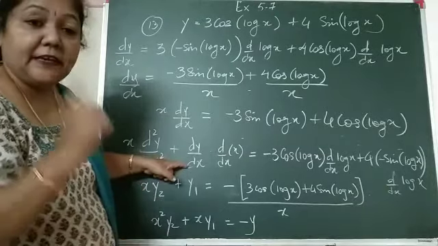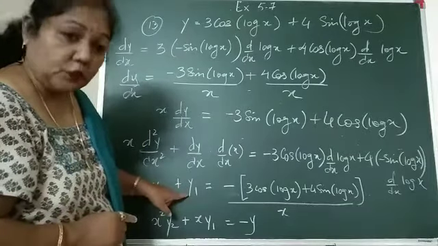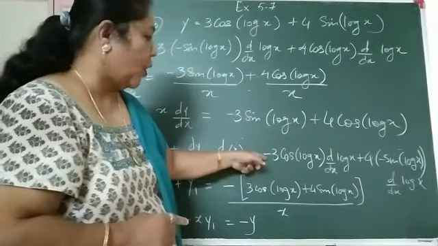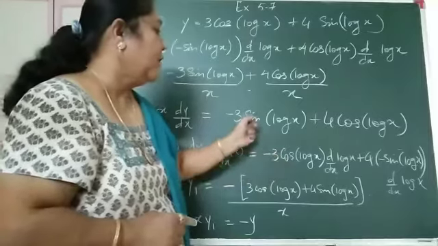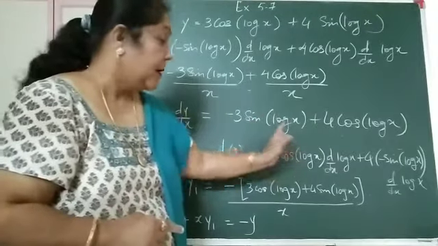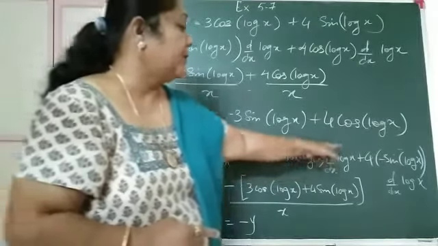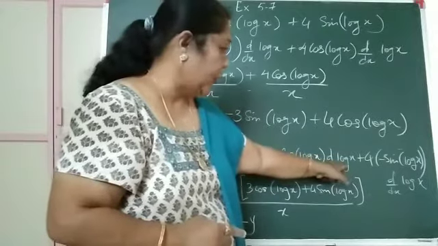dy by dx, that is y differentiated one time, can be written as y1, the first order derivative, and that is equal to minus 3 was a constant, sine's differentiation was cos, so sine of log x became cos of log x. But because the bracket was not a single x, it was supposed to be differentiated again, so I differentiated log x again by the chain rule.